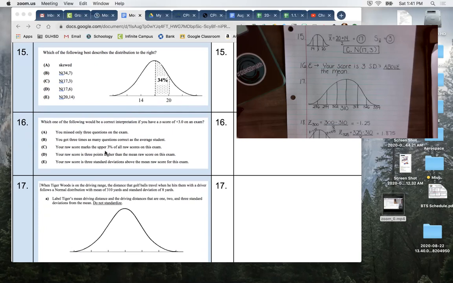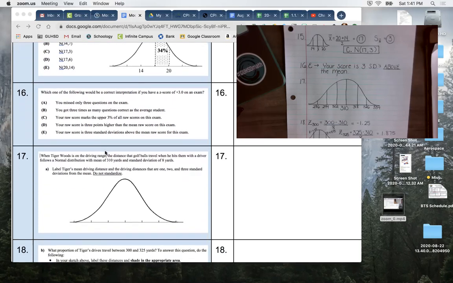Okay, for the next one, it says, which of the following would be a correct interpretation if you have a z-score of +3 on an exam? First of all, that's extremely high. Having a z-score of 3 means you are 3 standard deviations above the mean. So that's what this is down here.